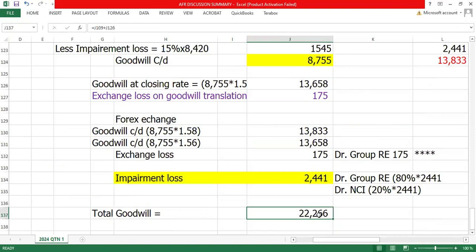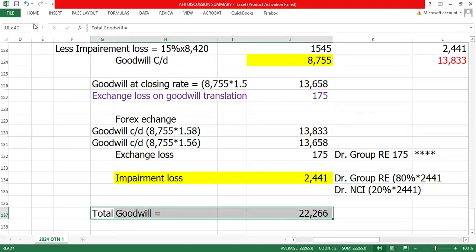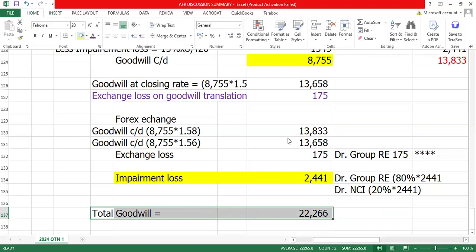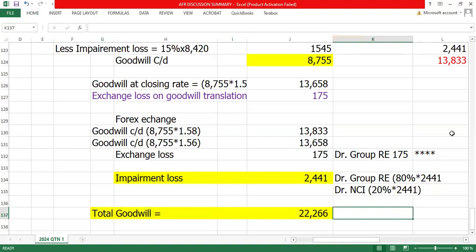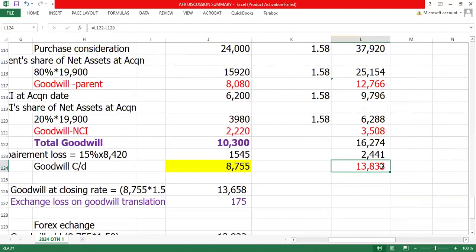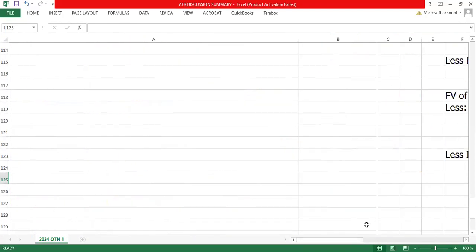Do you have something like this? 22266. That is what you recognize. You don't use this one because within it there is exchange loss, which you must remove.